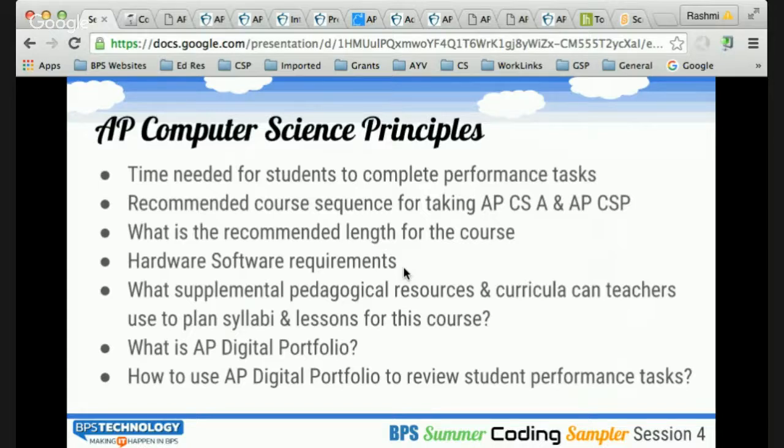Software and hardware requirements a lot of them align with the syllabus that you're teaching. Some syllabi do allow you to work with Chromebooks and computers that are using web-based applications, so that will suffice.